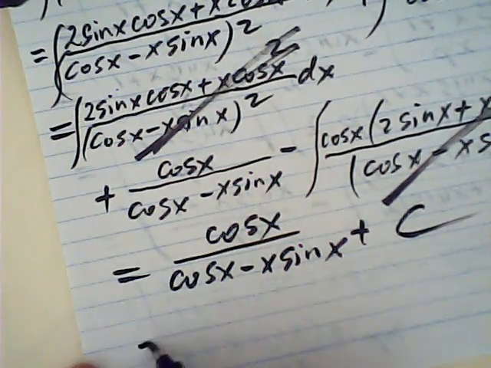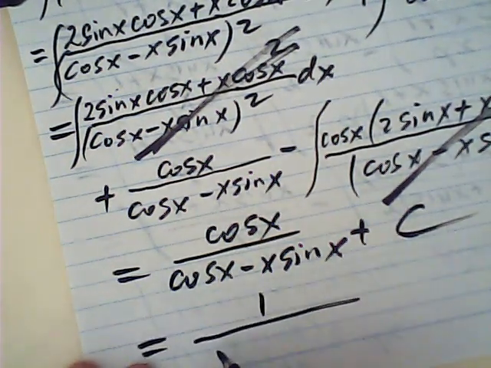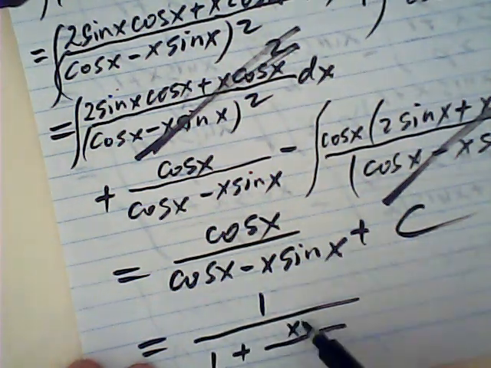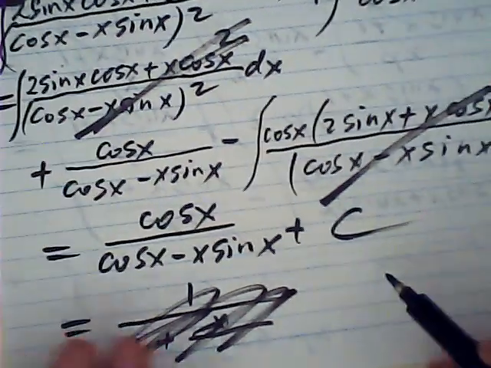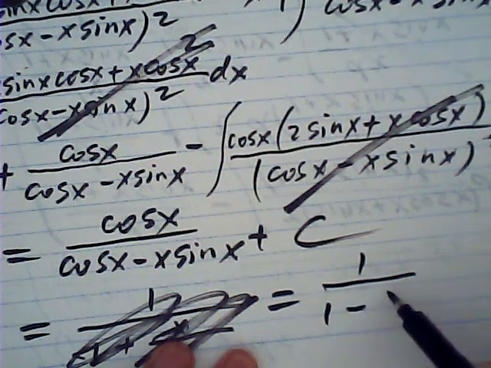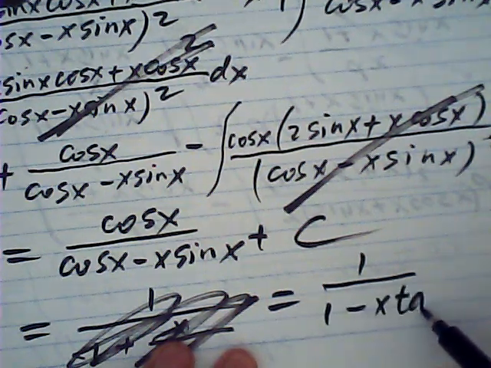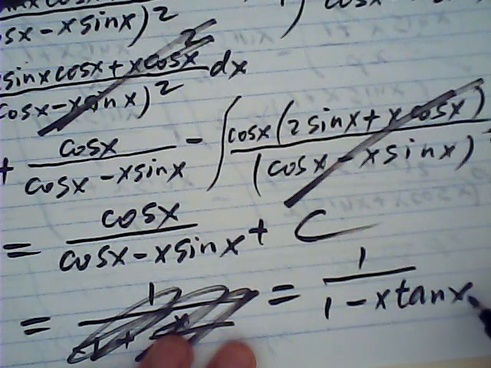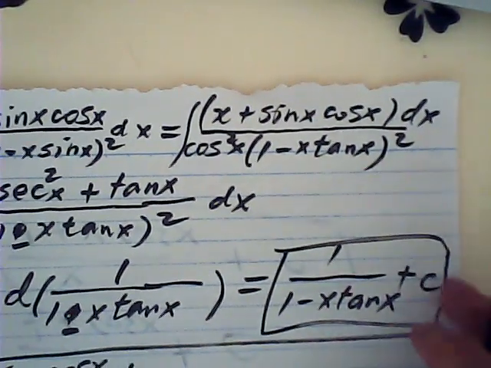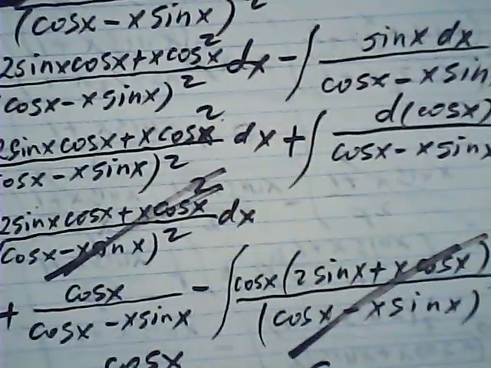And if you divide it by cosine, this is 1, this is 1 minus x tangent x plus c, right? That is the same result as in method 1. So, okay.